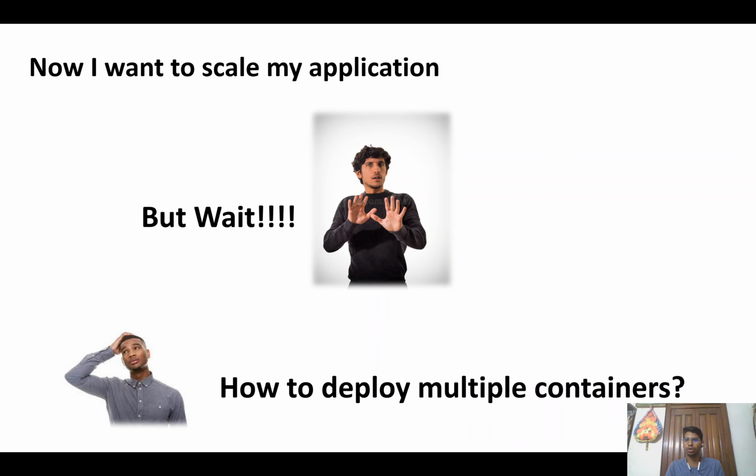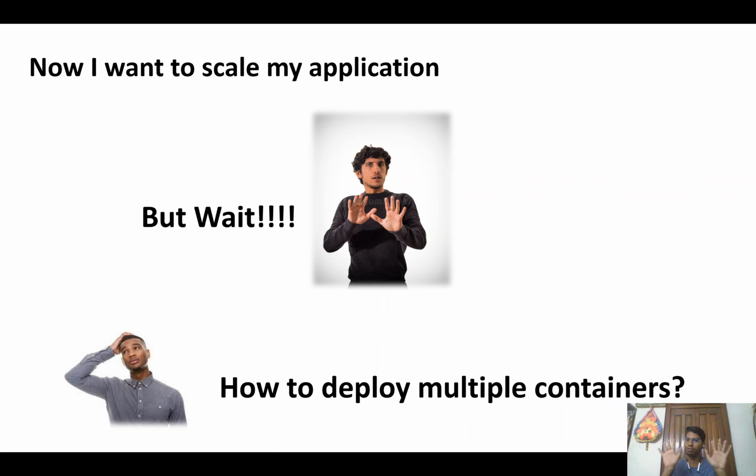Now, if those multiple containers are opened in the same server, that is okay. But in multiple servers, multiple containers are there. I mean, in two servers, there are five containers.